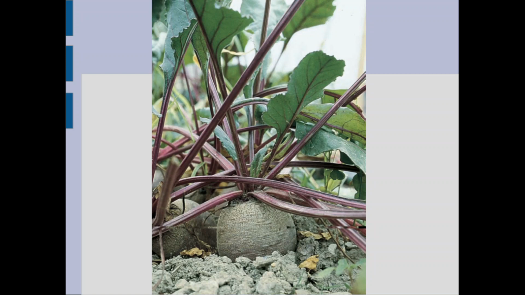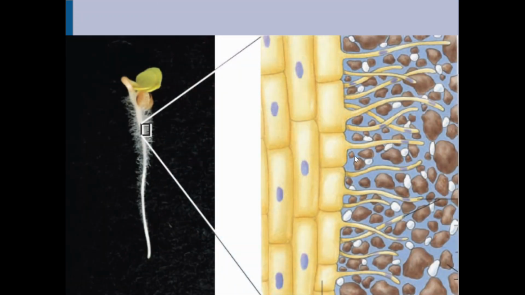In certain species, roots are modified for functions other than storage, and later we will discuss that too. So the root possesses a root cap, so this is a root cap, and root hairs, so these are root hairs.